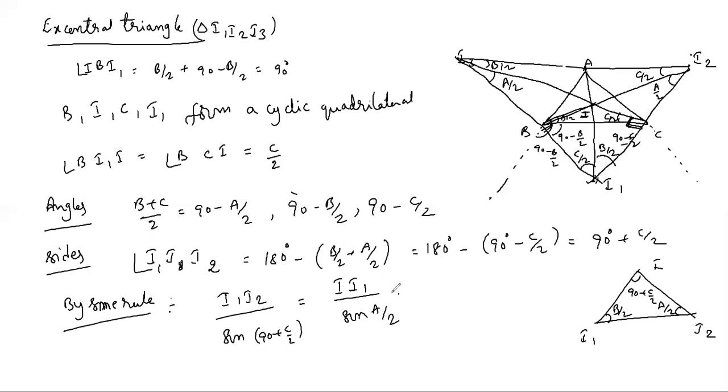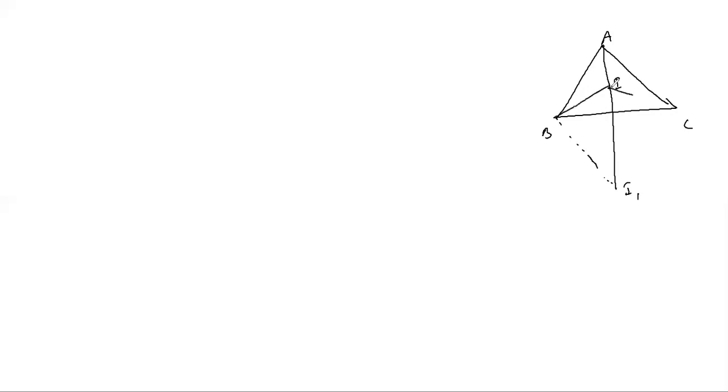To find the distance from the in-center to the excenter, consider triangle ABC. This is the internal angular bisector and this is the external angular bisector. Opposite A is I1 and this is I. So this angle is 90 degrees.